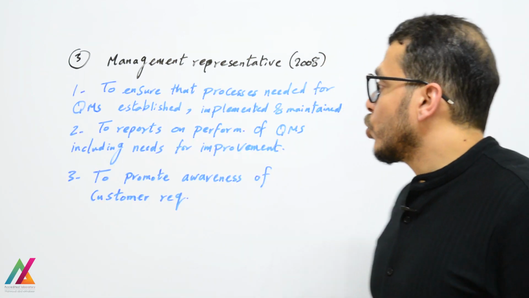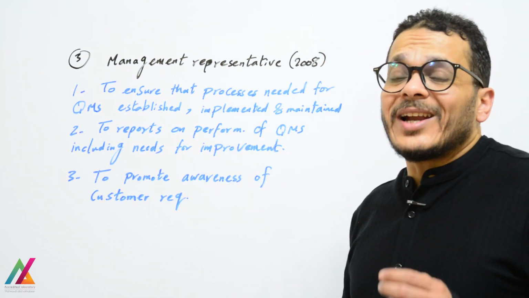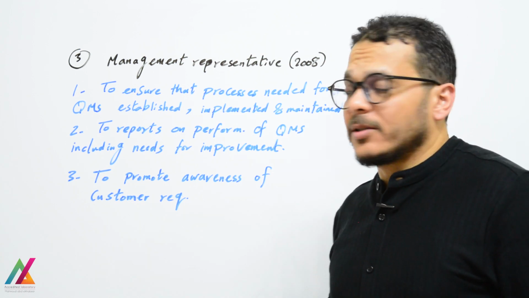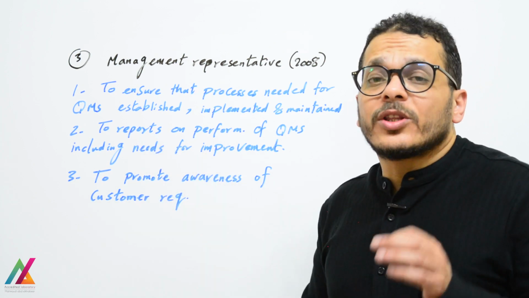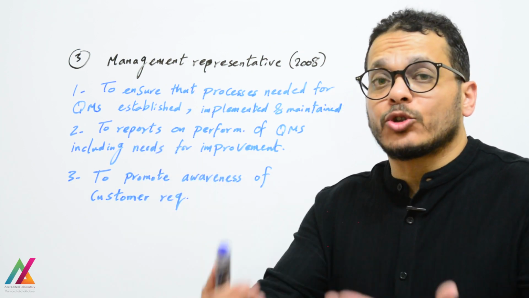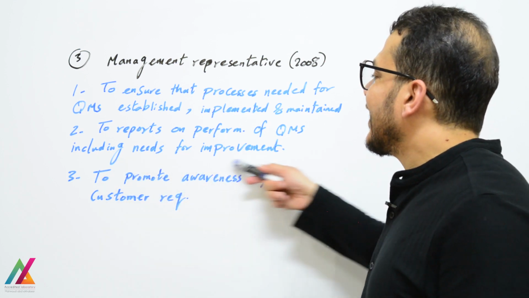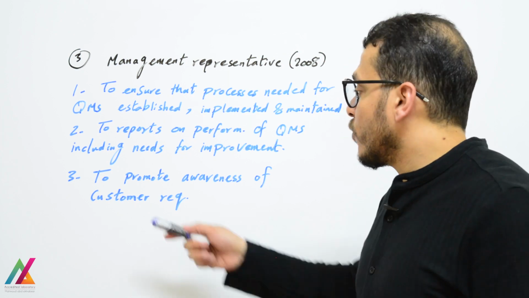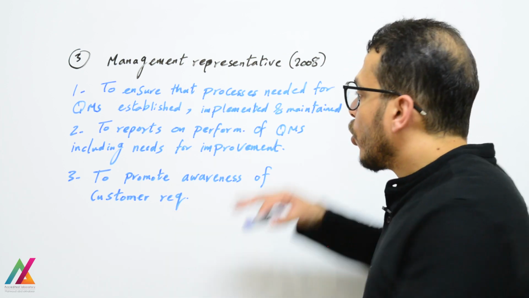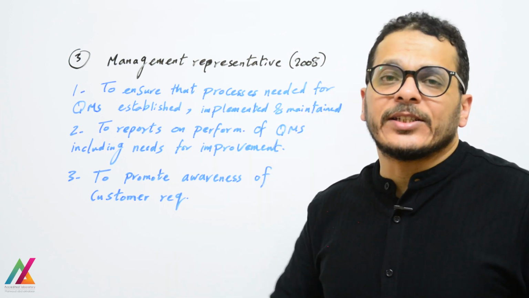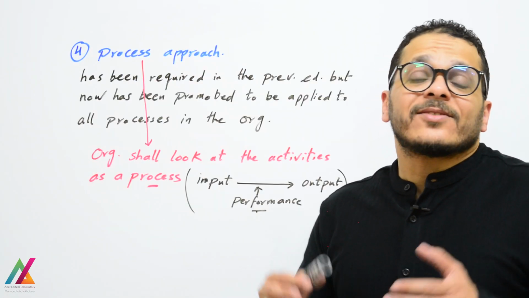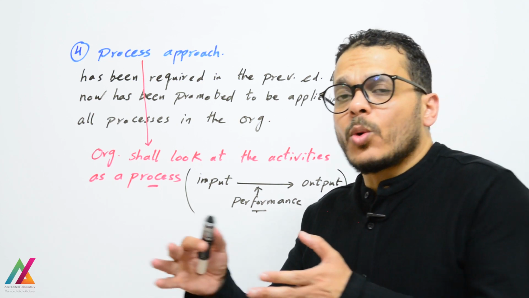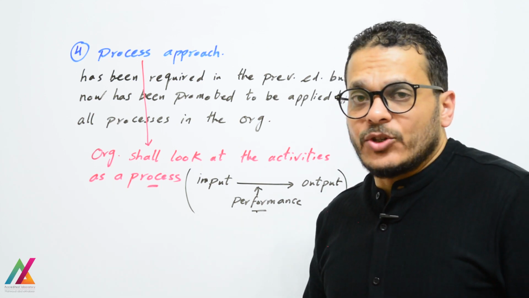He was responsible to ensure that processes needed for the quality management system are established, implemented, and maintained, and to report on the performance of the quality management system to the top management, including needs for improvement, and to promote awareness of customer requirements. All of these activities are now under the leadership and the process approach, which is very important and shall be applied in the organization, and was also required in the 2008 edition.